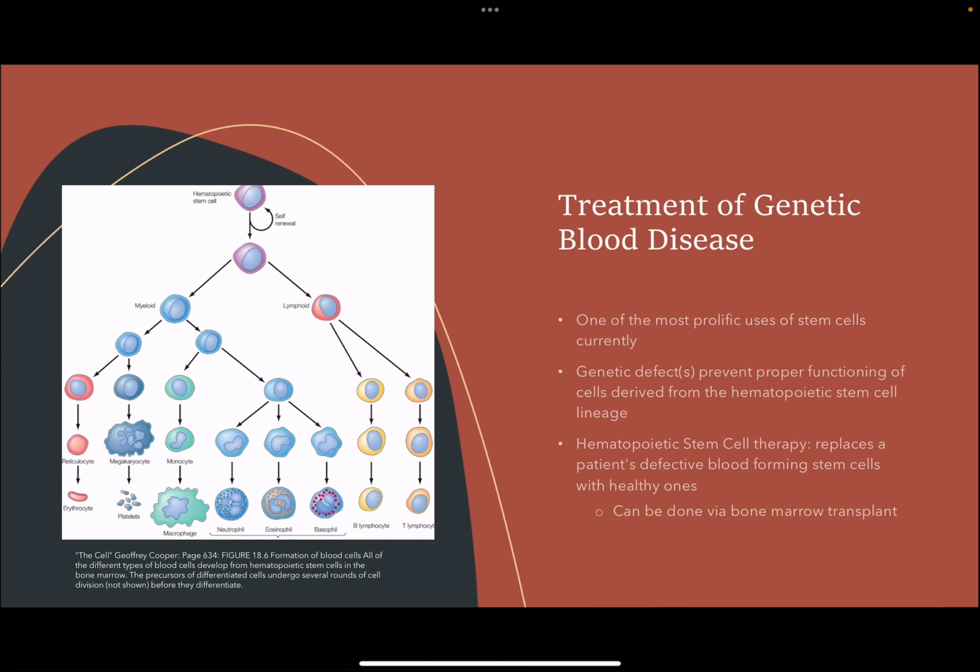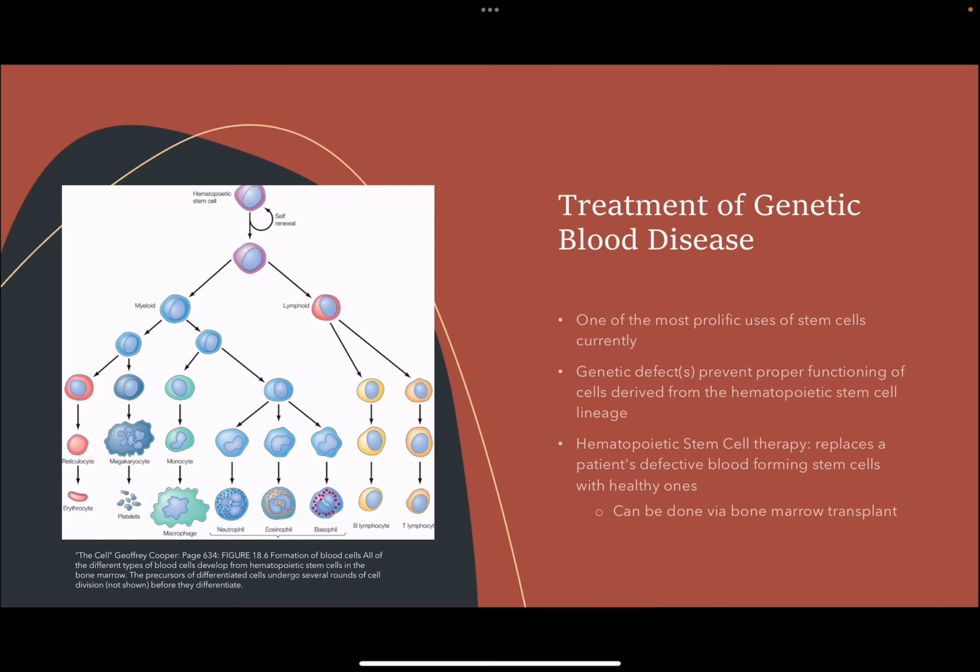Okay, so the treatment of genetic blood disease. This is one of the most prolific uses for stem cells currently. This is used because of the genetic defects that prevent proper functioning of the cells derived from the hematopoietic stem cell lineage.